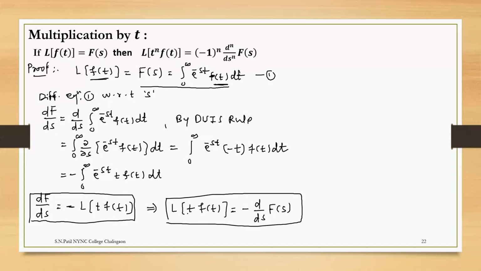Now we find the Laplace transform for t raised to 2. Using this result, the Laplace transform of t square into f of t is equal to, so t square we write as t into t, t into t f of t.